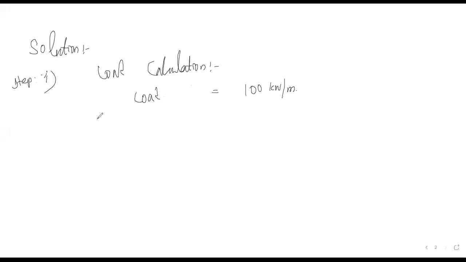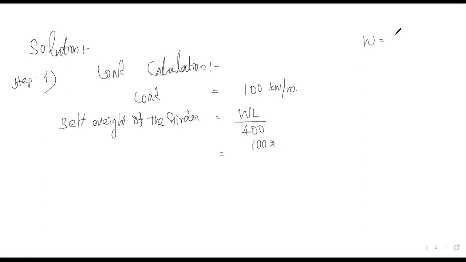We have to consider the self weight also. The self weight of the girder formula is WL by 400. W is our load, so we have to convert to a point load.